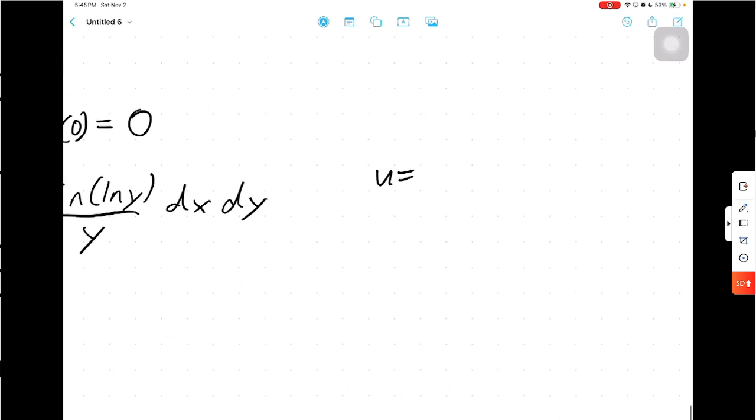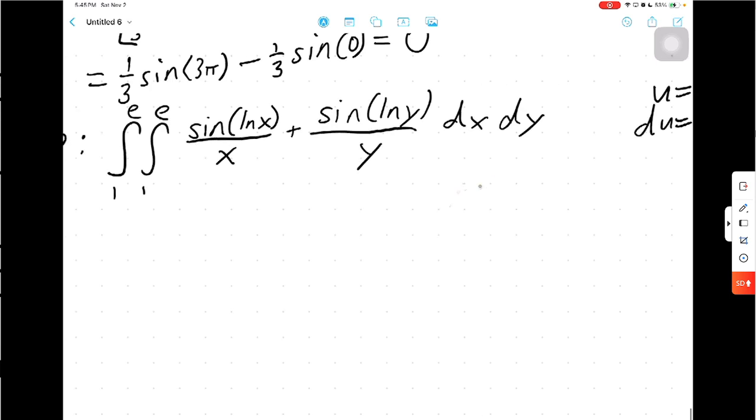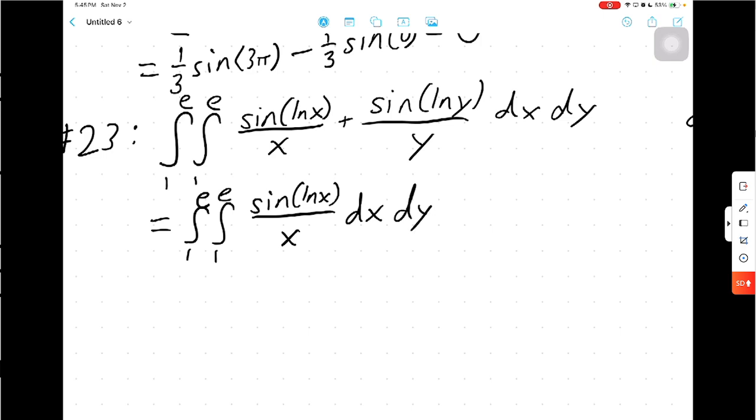So I'm just going to u sub out. U equals ln x, du is equal to 1 over x dx. That's what we got here. Oh, yeah, we're going to have to split this. So we have sine of ln x over x, and then we're going to deal with that one. Plus the same thing with ln y dy.